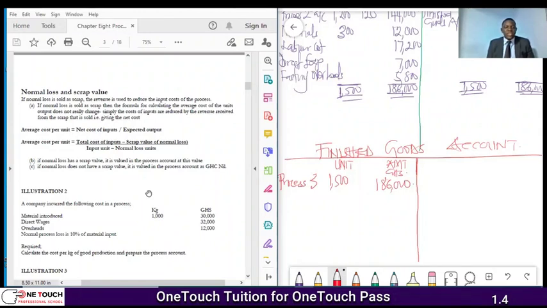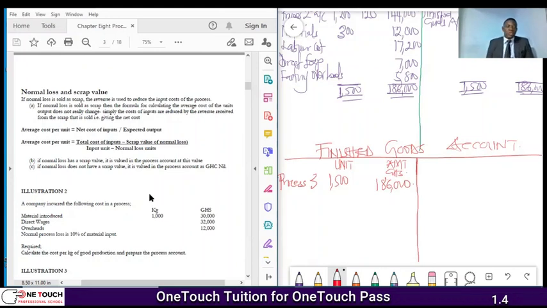So here, the average cost per unit will be determined as the net cost of input over expected output. The net cost can be broken down as total cost of input minus scrap value of normal loss, all over input units minus normal loss units.